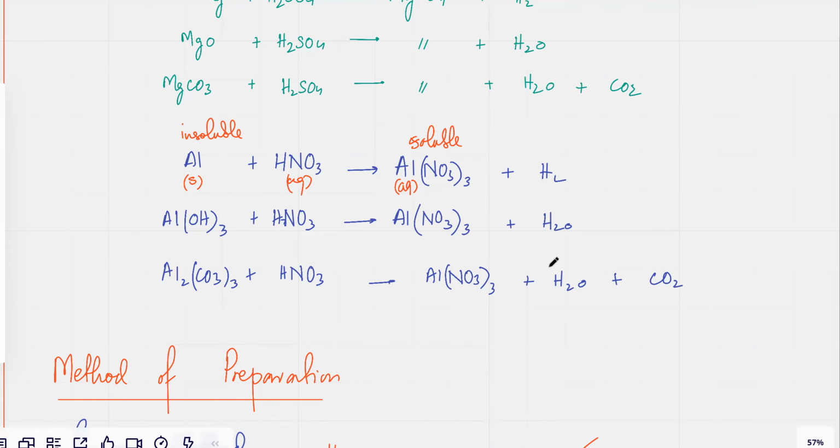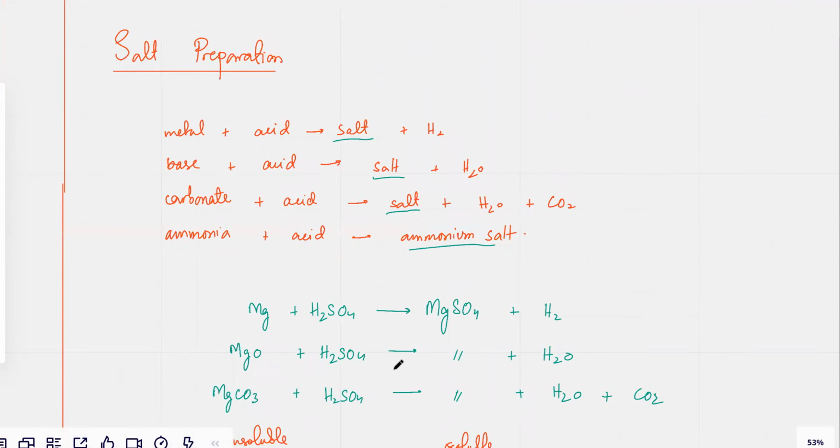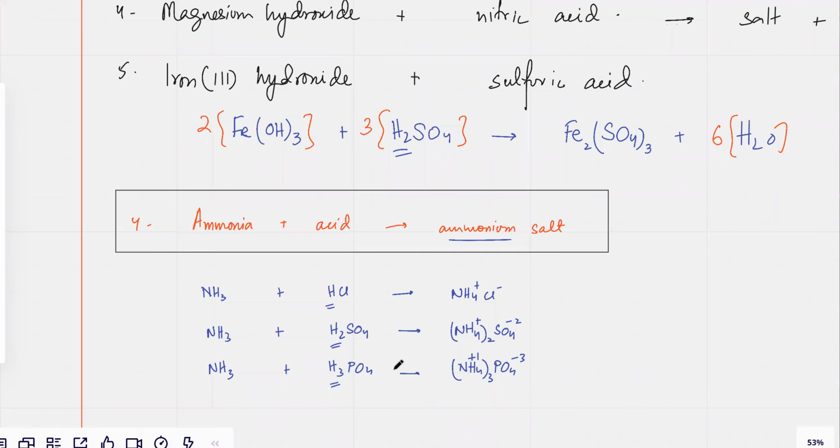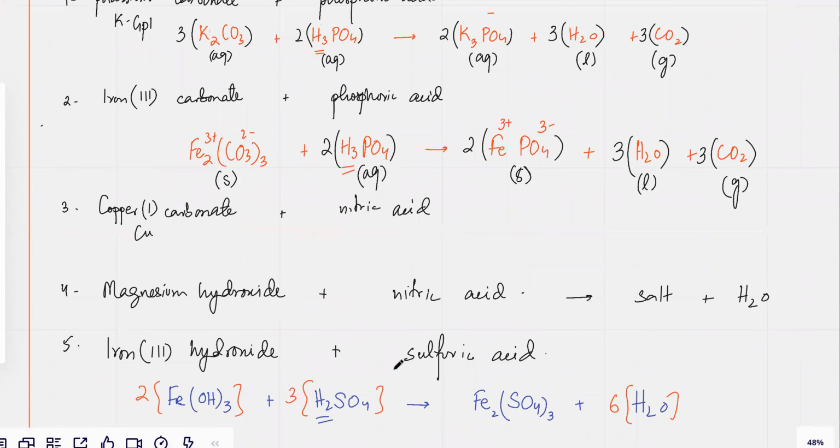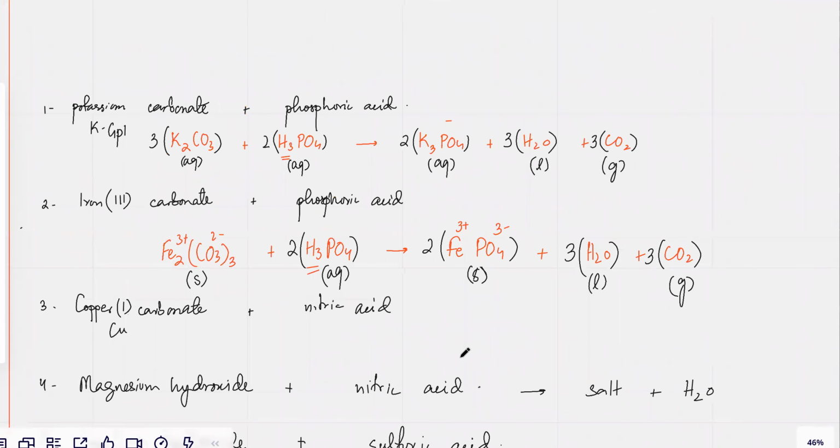In all of them, the excess method would be used because every time it's a soluble salt, and this one is also insoluble. This one is also insoluble. So every time it's a soluble salt from an insoluble reactant. So pick any equation. For example, over here, you can't use the excess method for this one.